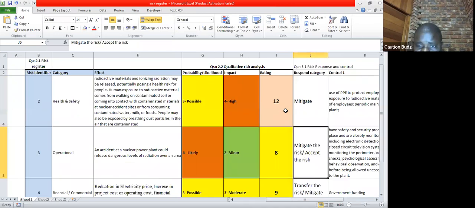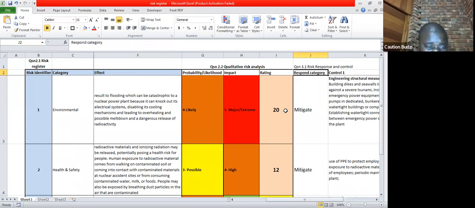So my first risk, environmental. According to my research theory and also my qualitative analysis, I put a probability scale of 4, which is likely.